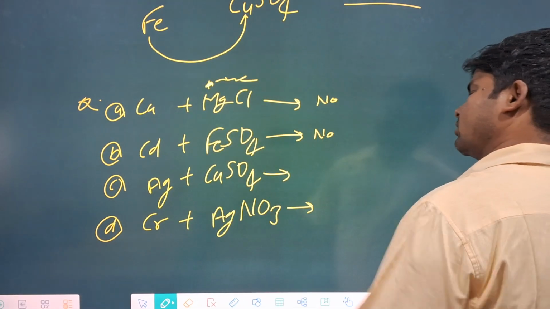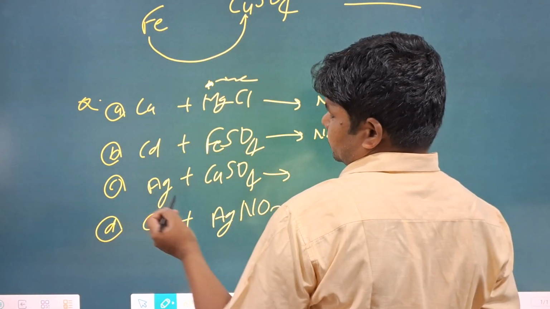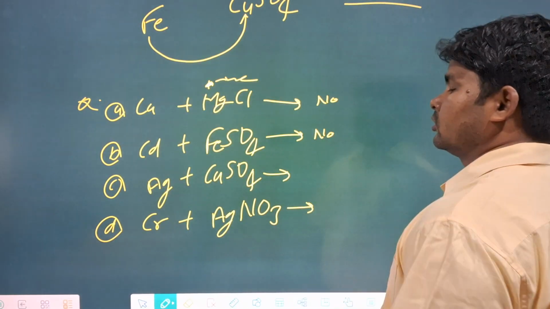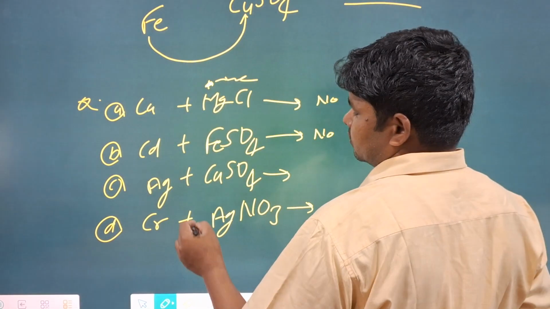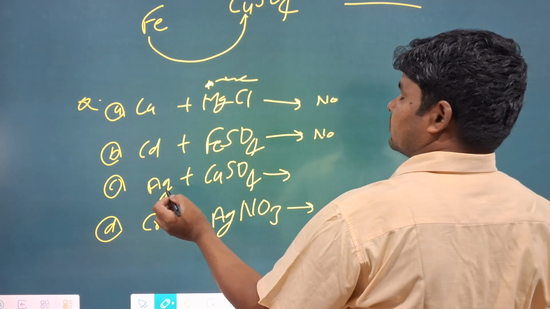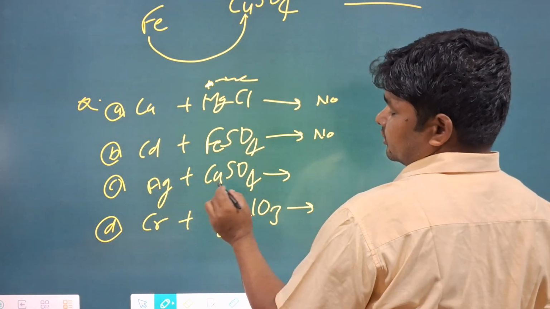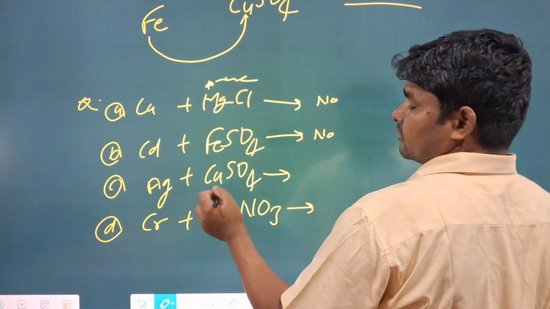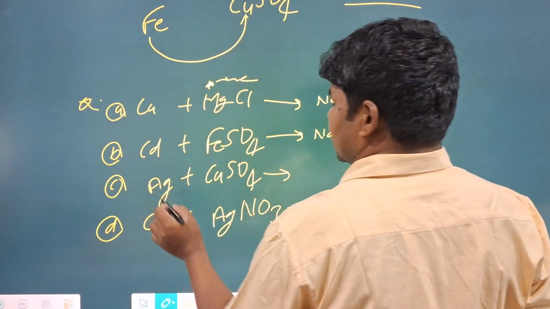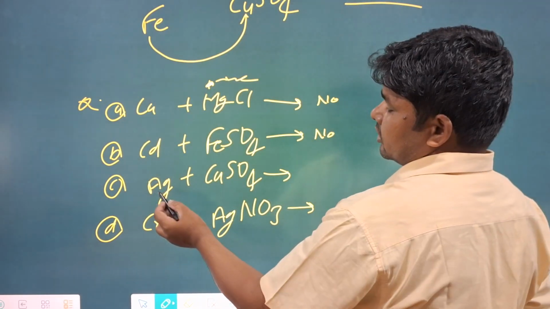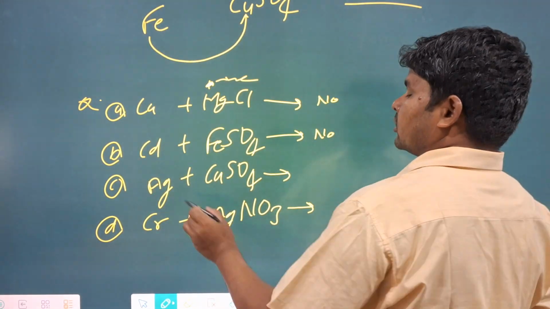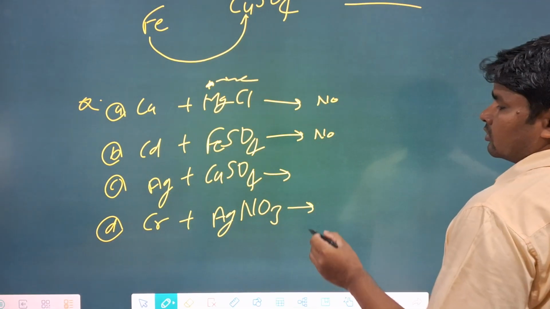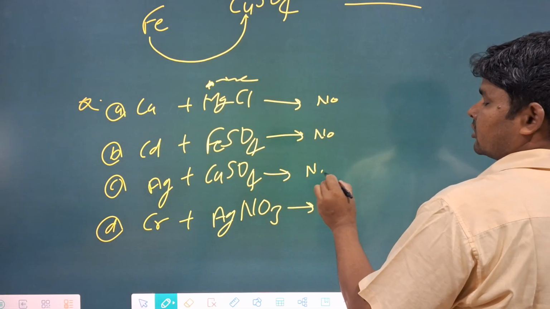In reaction C, we compare the reactivity of silver and copper. The value of reduction potential of silver is greater than the value of reduction potential of copper. With the help of standard reduction potential value, silver is less reactive than copper. Hence, silver is not able to replace copper from copper sulfate solution. Hence, reaction C is not possible.